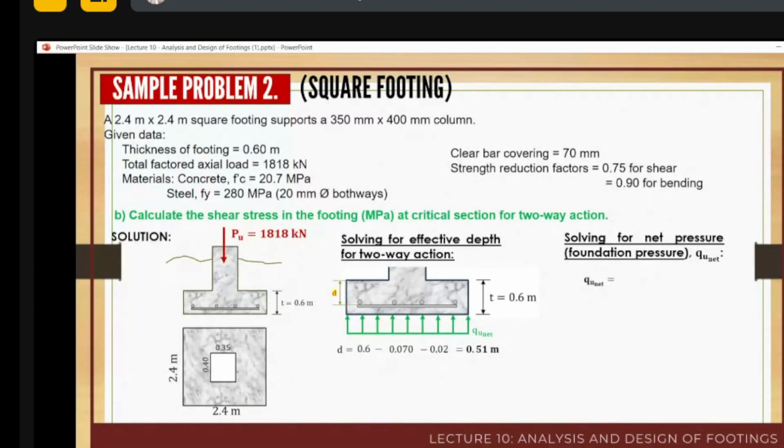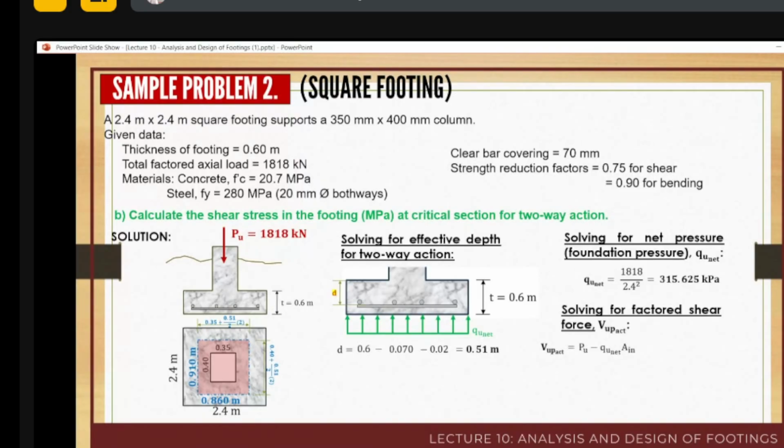So therefore, your q unit is now 1818 over 2.4 squared, or you can use the other formula for determining the Vu. So you have there Vu for punching is equals to Pu minus q unit times the inner area. So nanamtay Pu nga 1818 minus 315.1625.